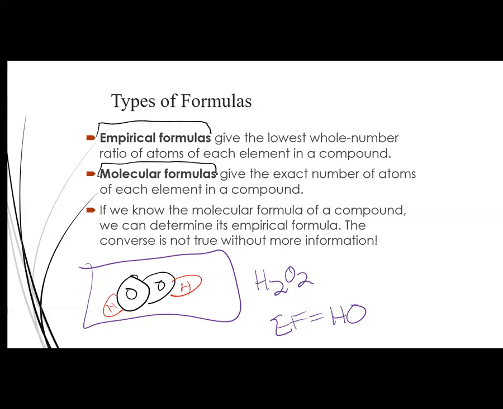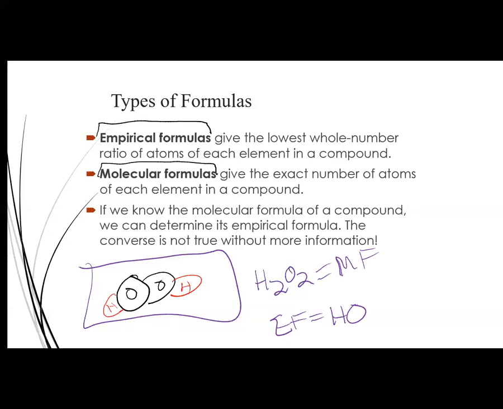Empirical formulas matter a lot more when we first start doing experiments, because sometimes we will know what elements are there and the ratios of those elements, but we won't know how many molecules we might have had to be breaking apart in order to do it. On the other hand, molecular formulas like H2O2 can be really handy because it helps us clarify different materials that have similar ratios based on how many of them you have to piece together to make that actual molecule or the actual set.